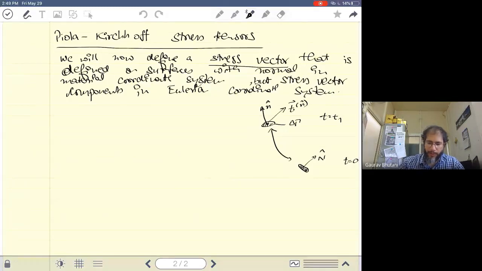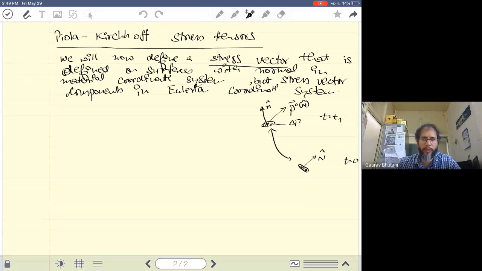So what we do now is we simply define the stress vector in such a way that we call it p naught, and the superscript is capital N hat. So instead of defining the normals in the current configuration, we trace them back to what the normal looked like in the reference configuration, and we use that capital N hat to characterize the stress vector.